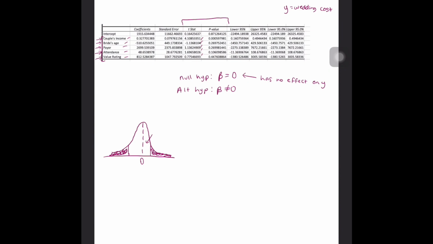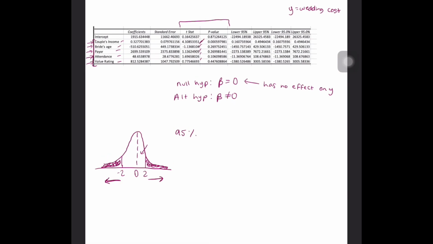And our critical values for this are -2 and 2. That's based on a 95% confidence. So if a t statistic is above 2 or less than -2, we can say that there's enough evidence to reject the null hypothesis in favor of the alternative, meaning that this distribution's mean for any of these x values is not equal to 0.